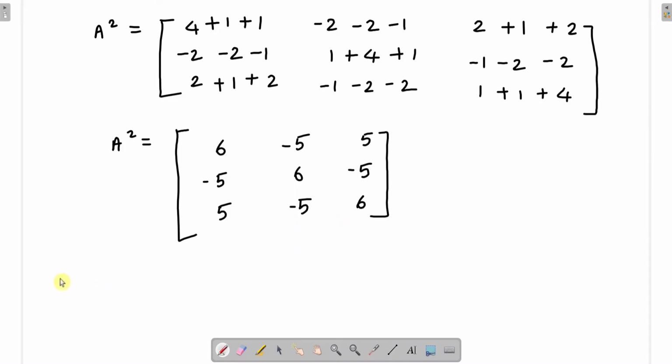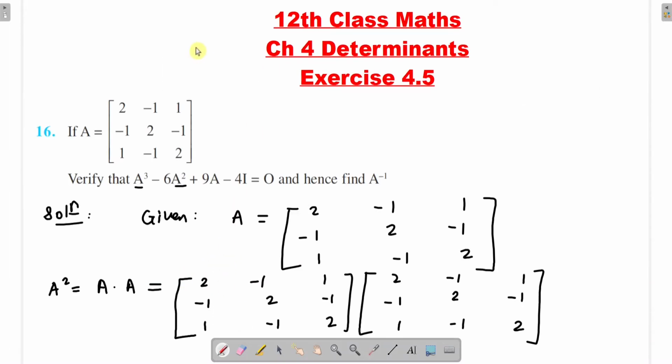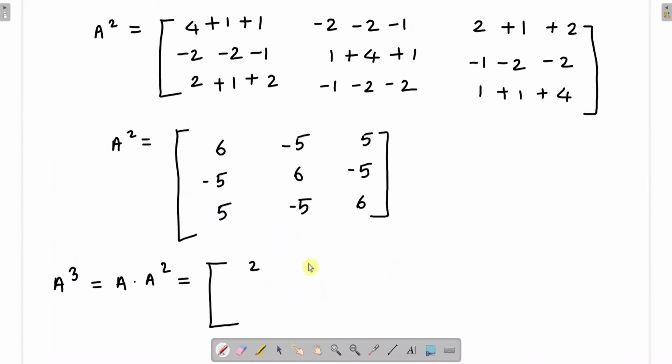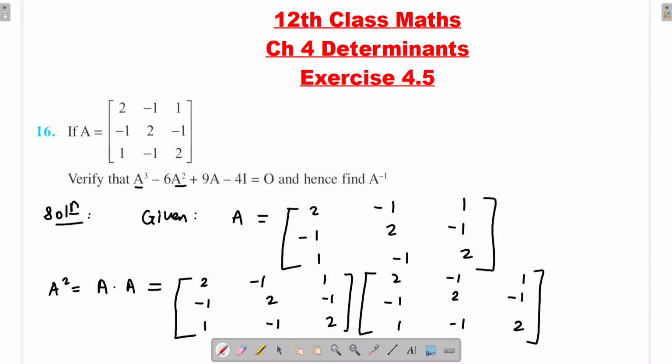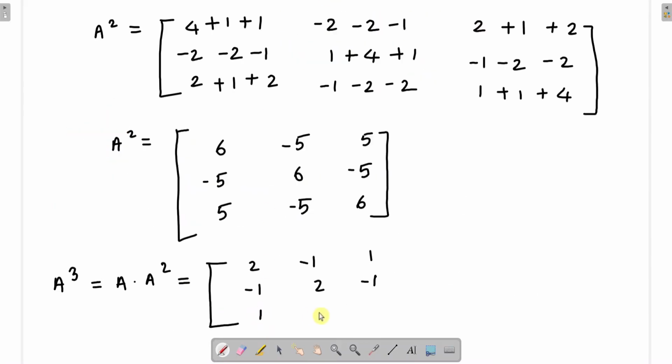Now we can find A cube. So A cube will be equal to A times A square. So this will be equal to what? So A is 2 minus 1 1, minus 1 2 minus 1, 1 minus 1 2.